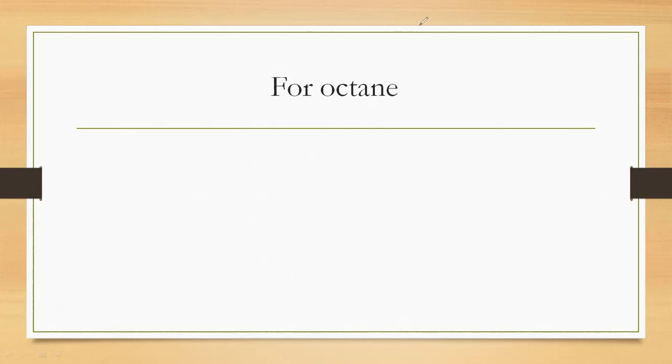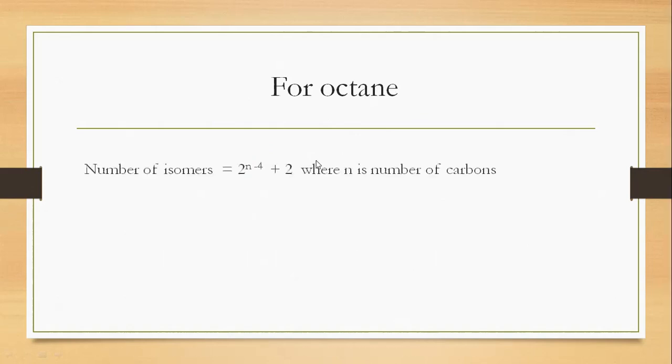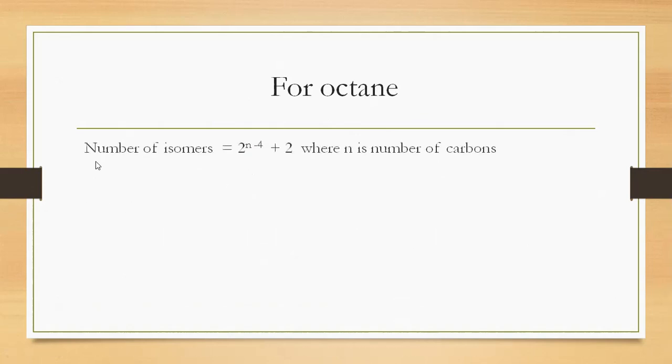Now, we'll see what is the formula for octane. See, only slight modification. Number of isomers for octane is equal to 2 to the power n minus 4 plus 2. In the previous, what we had?